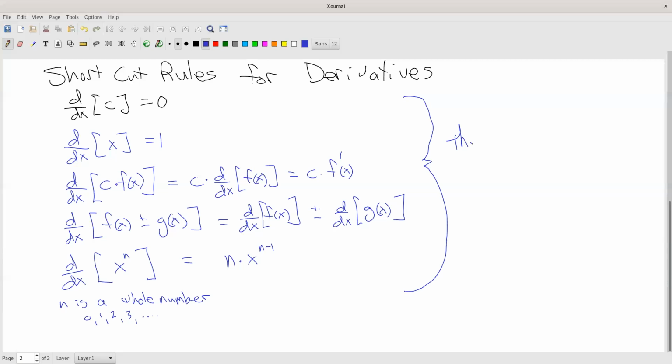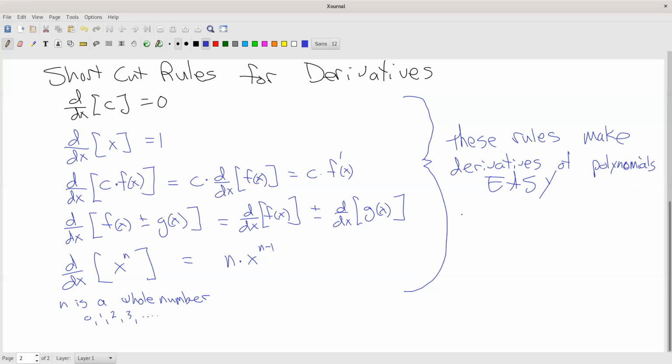This particular set makes derivatives of polynomials easy, because a polynomial is just a sum of powers of x with a few multiples thrown in there, or possibly a difference. And this basically describes how to take the derivative of a polynomial.